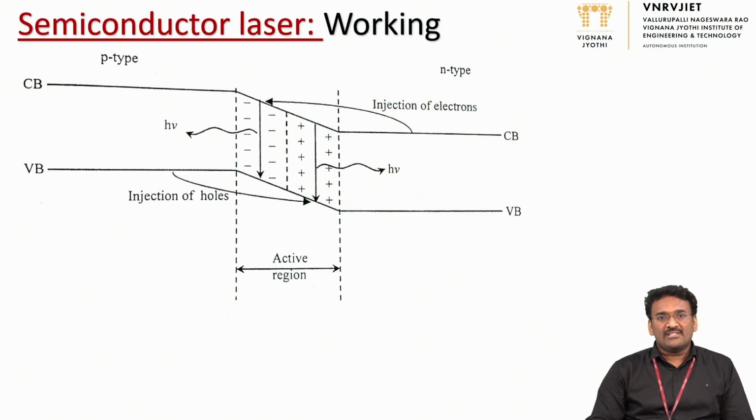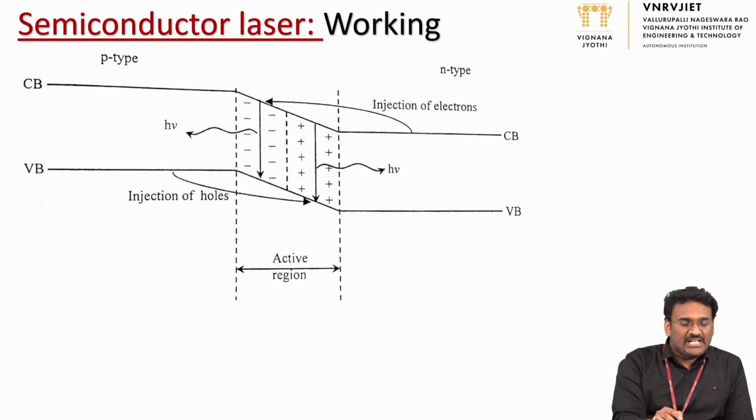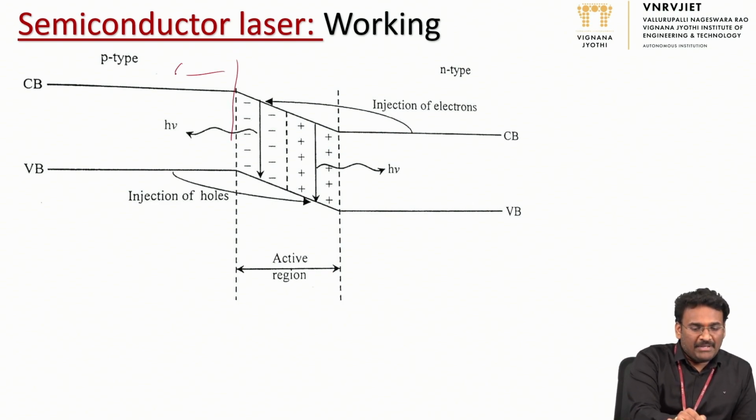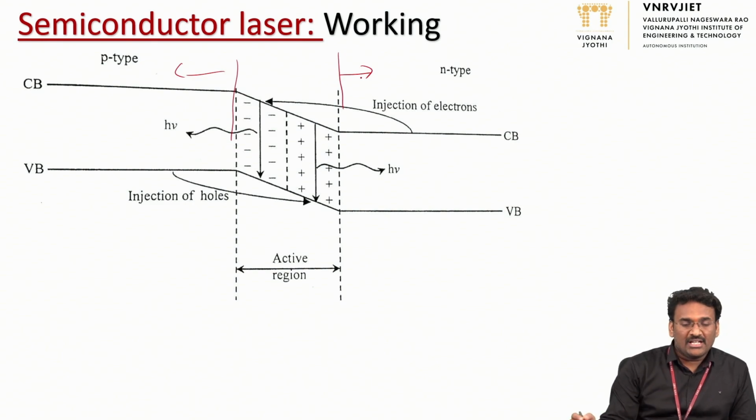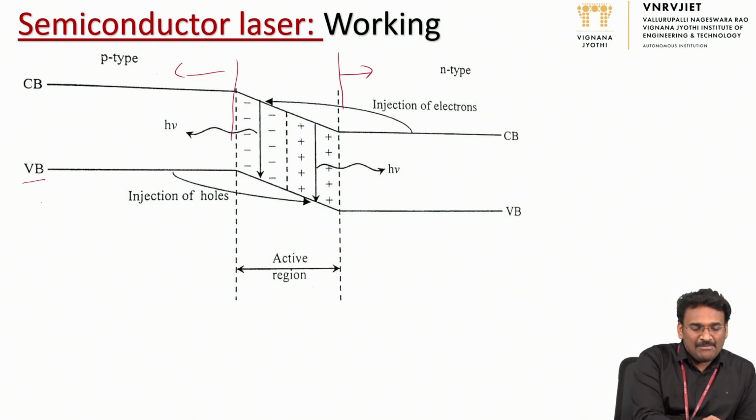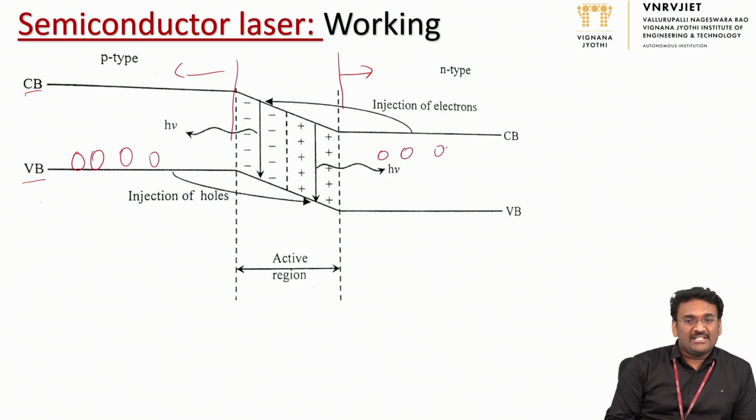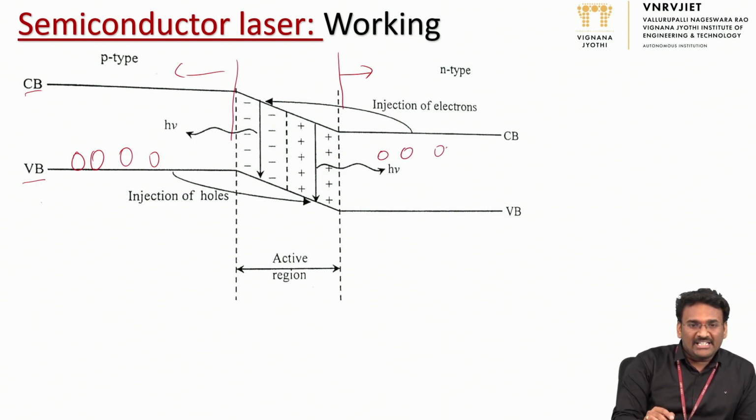Now come to the working of this semiconductor laser. This is the energy level diagram. This part is for the p-type semiconductor and this part is for the n-type semiconductor. There is a valence band and a conduction band, and in the p-type more holes are present here, and in the n-type more electrons are present. Whenever we connect in forward bias and go on increasing the voltage, the holes in the p region come to the depletion region, and electrons in the n region come to the depletion region.